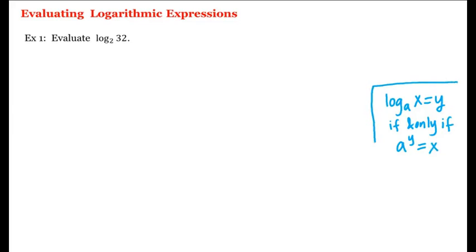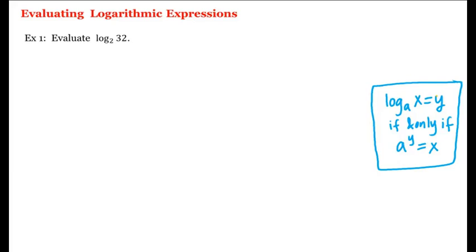Now we have the following definition of the logarithm: log base a of x is equal to y if and only if a raised to the y power is equal to x, where a and x are positive and a is not equal to 1.